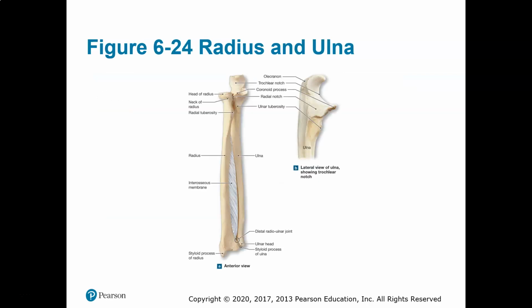So looking at a picture, this is the radius, and this would be the head of the radius that articulates with the capitulum of the humerus, and then this is the ulna, which articulates with the trochlea, and you can see it's curved in like that.